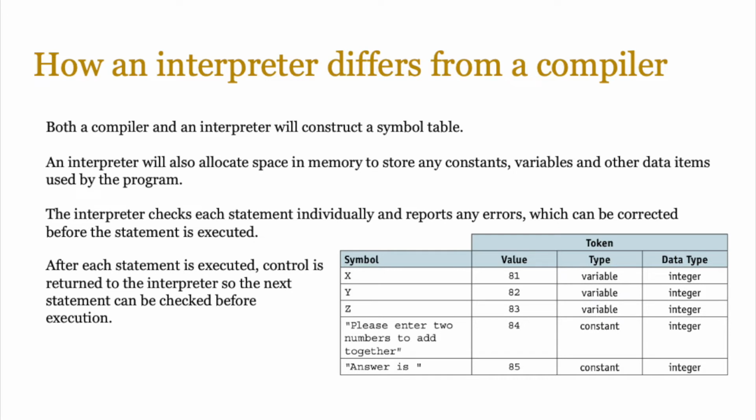So that symbol table that you see on screen is an example of a small program where you've got X, Y, and Z and a couple of input or output statements. X, Y, and Z's values can change, therefore they're variable type, and those statements are constant because they never change. So each of these variables or constants are given a value 81, 82, 83, 84, and 85, and their data type is stored in the symbol table.